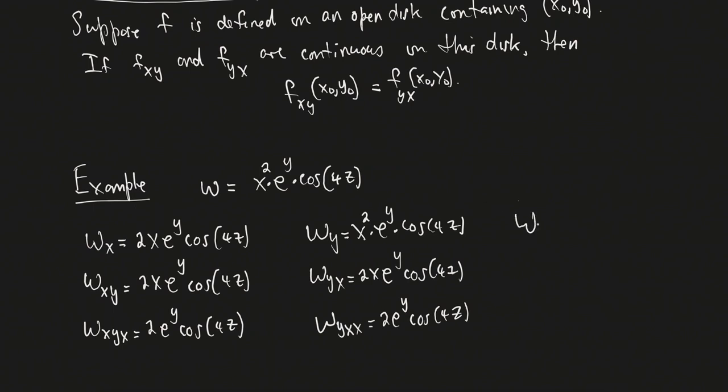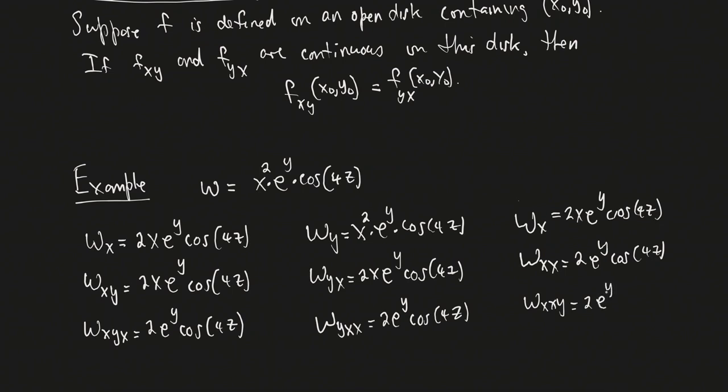So W first with respect to x, so we get 2x e to the y cosine of 4z, and then again with respect to x, so w x x, this gives me 2 e to the y cosine of 4z, and then finally, when I differentiate with respect to y, it's going to be exactly the same because the derivative of e to the y is e to the y, and the other two are being treated as constants for this process, so both of those come down, and we have 2 e to the y cosine of 4z, right?